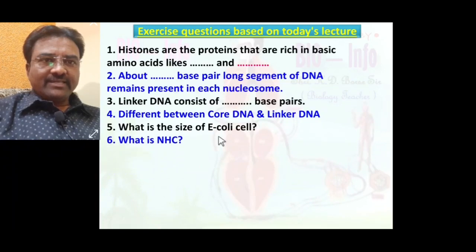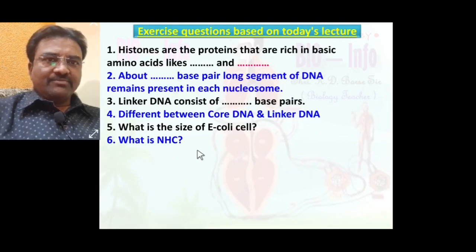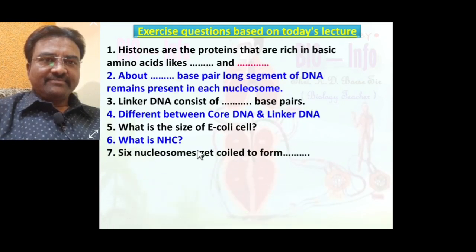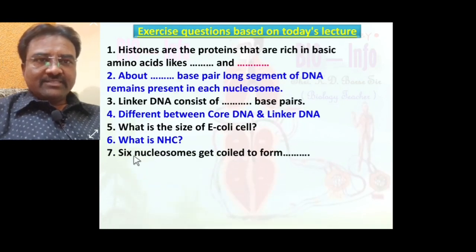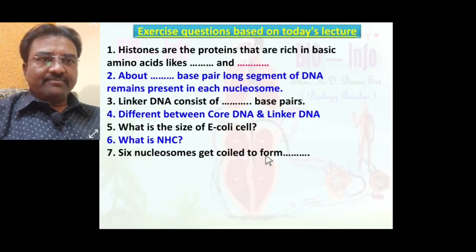What is NHC, non-histone chromosomal protein? Six nucleosomes get coiled to form the solenoid fiber.